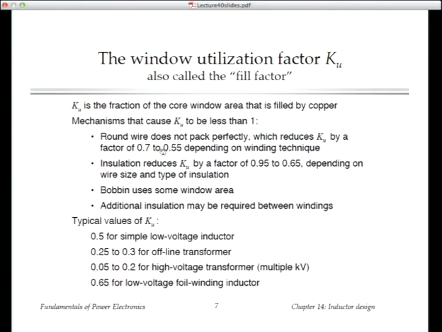And those are kind of rule of thumb or typical numbers. Then we have insulation on the wire. If you use what's called magnet wire, the copper magnet wire just has a very thin varnish on the outside, and the insulation is very thin. Magnet wire can take about 60 or 70 volts before the insulation breaks down. It's just a very thin layer of varnish.